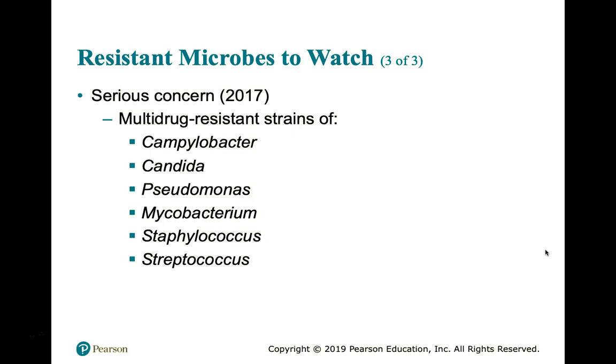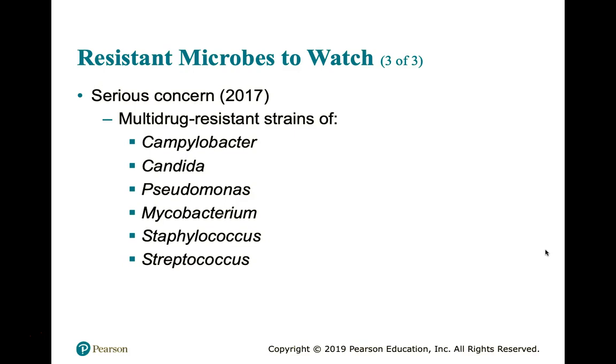Serious concerns, we're starting to see multi-drug resistant strains of all of these organisms. Staph and strep and Pseudomonas and chlamydia, or excuse me, candida, not chlamydia. Candida is actually a yeast, but that's okay, it's still obviously a microbe.